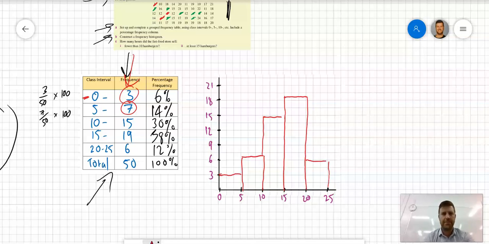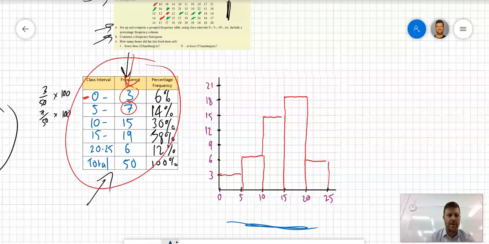Histogram for this data. Don't forget, label your axes. So I've got here the class intervals down the bottom. You might label that with the title class intervals. What is it actually representing?